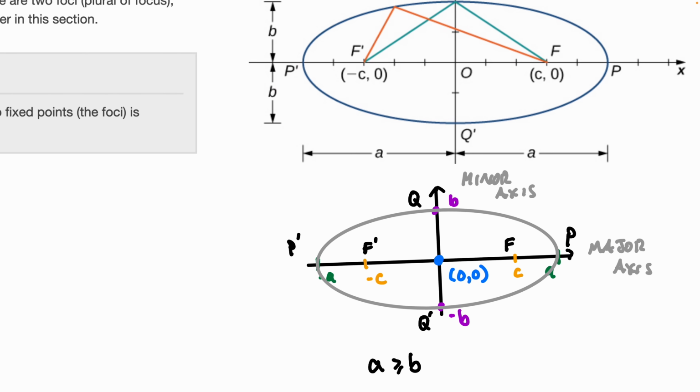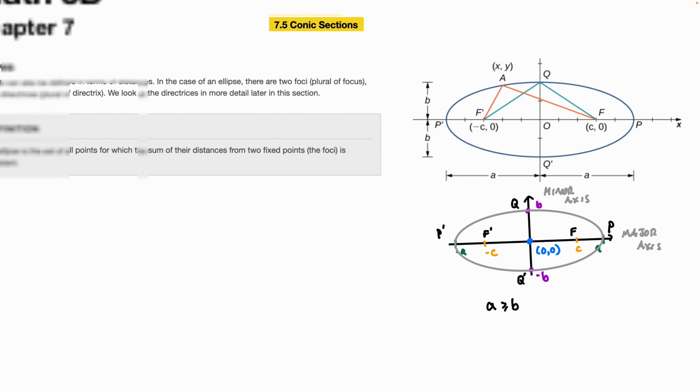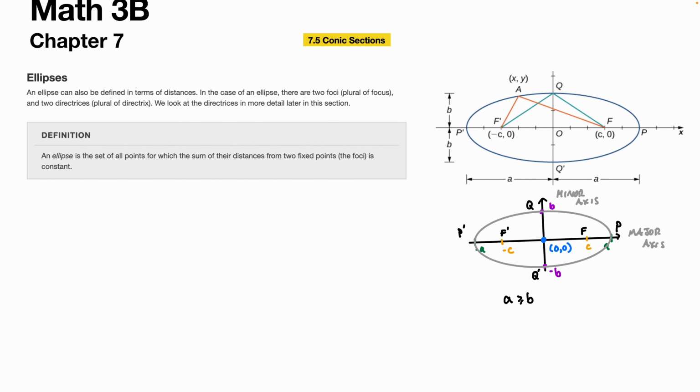All right, now with that, let's go read the definition of an ellipse. And again, we're trying to identify points in the plane. So all points, what do they need to do? We want the points to have a distance to the foci, which is constant.